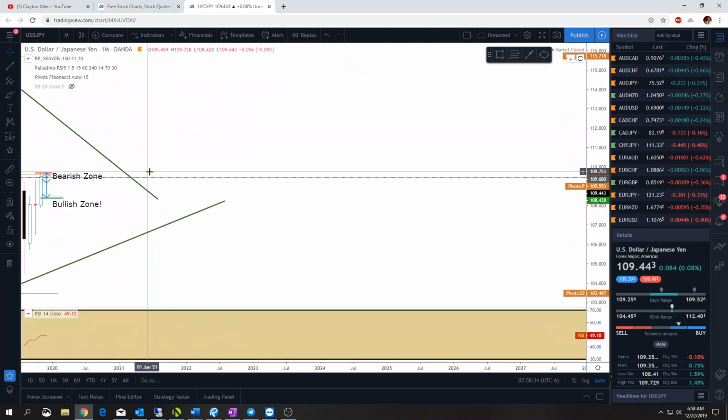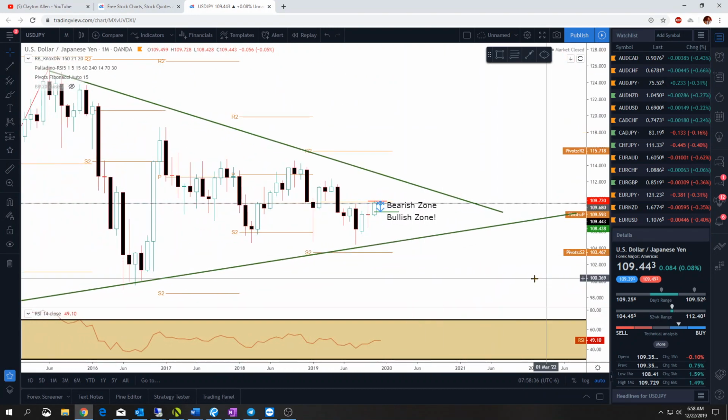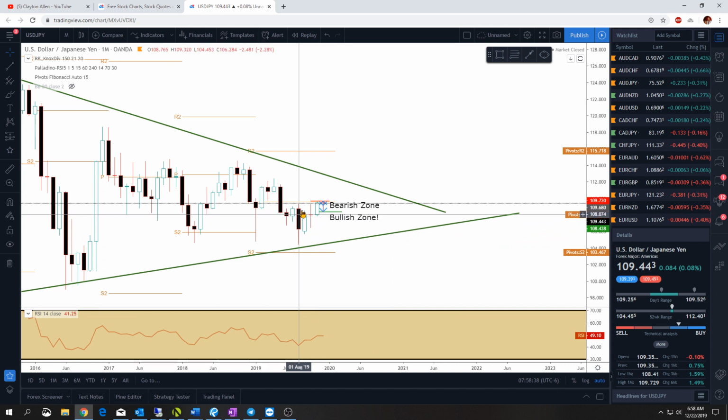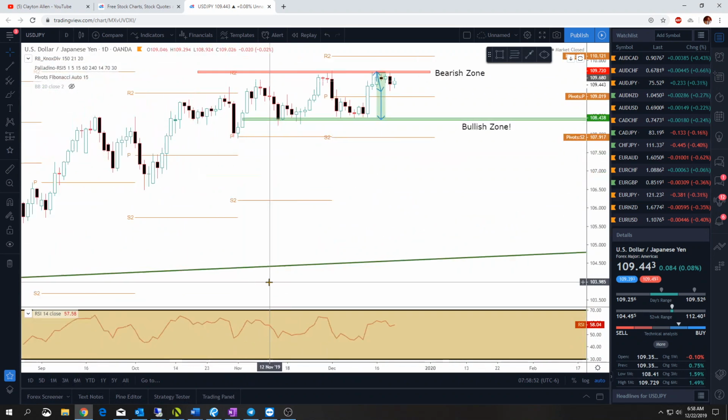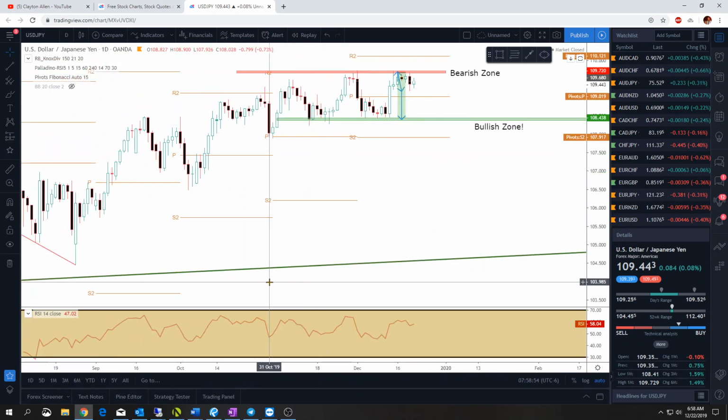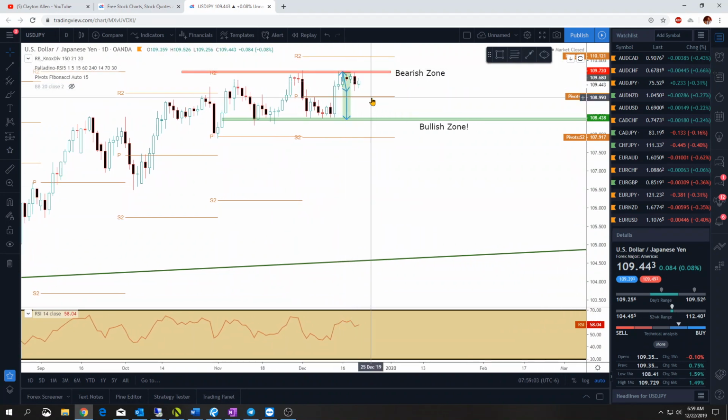But we're on a monthly here. So what I'm seeing on a monthly is we're right around a pivot level. So price might want to dip back down, or we're going to see a run. But most of my analysis stays here on the daily because I'm looking for swing trades within a week or two.